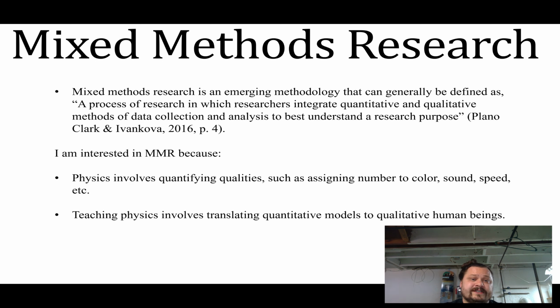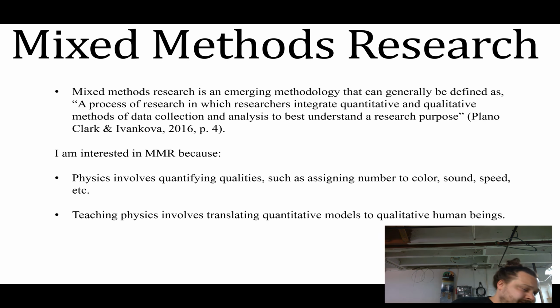And teaching physics is a very strange and involved field where I find myself often trying to translate these quantitative models, equations, and math to human beings that are highly qualitative. They don't necessarily think in ones and zeros or with high rationality.